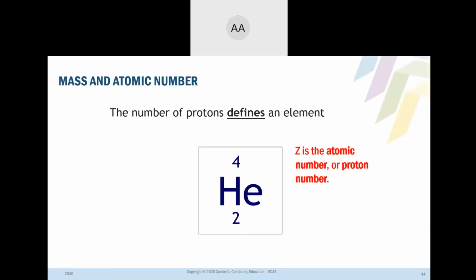So let's have a look now when we're going into how we use this information in the periodic table in our cycle 3 chemistry teaching.